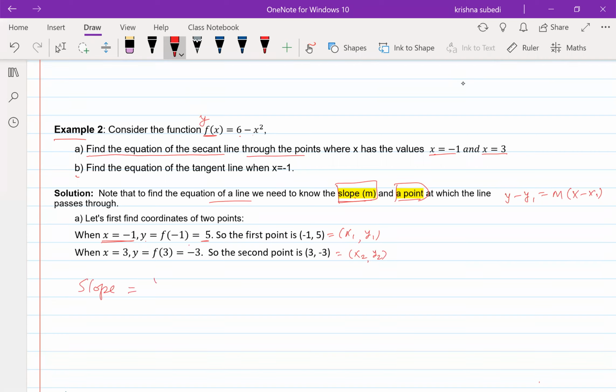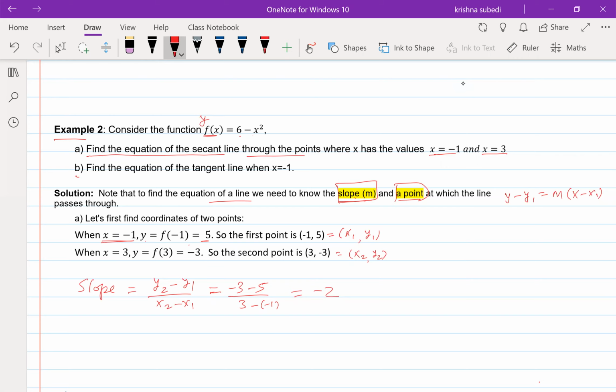Slope is y2 minus y1 over x2 minus x1, and that's going to give me -2.